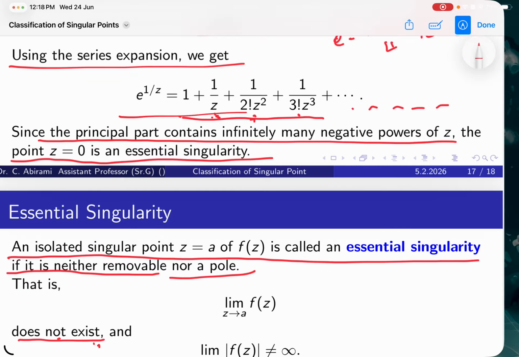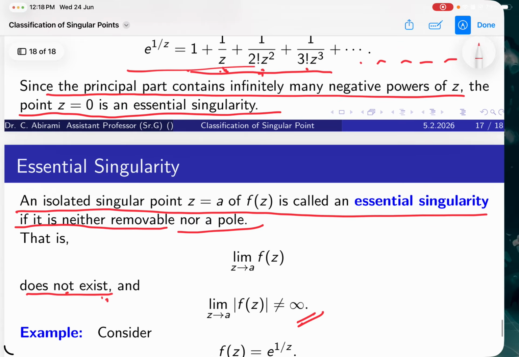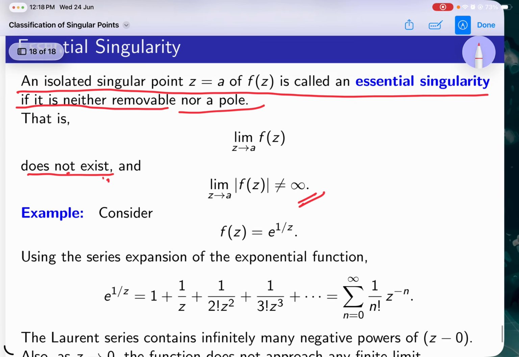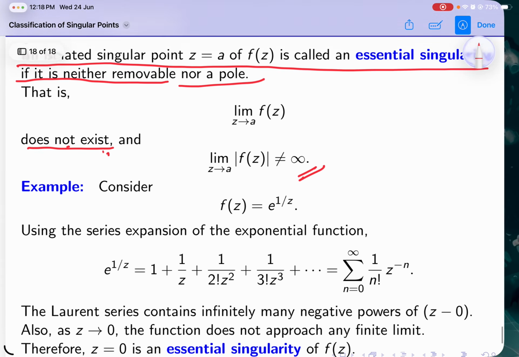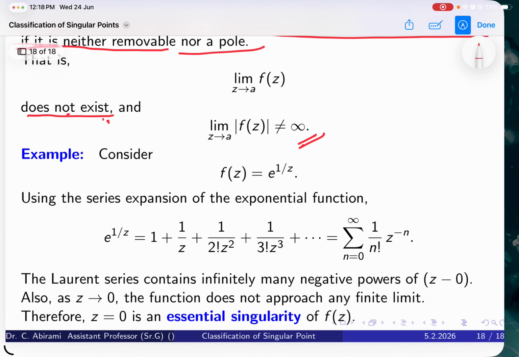So if the limit does not exist and is not equal to infinity, then I can conclude an essential singularity. For example, f of z is equal to e power 1 by z. If I apply the limit as z tends to 0, e power 1 by 0, e power infinity, does not exist. Therefore, z equal to 0 is an essential singularity of f of z.